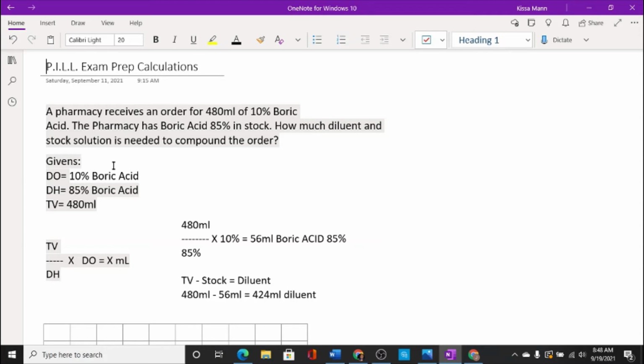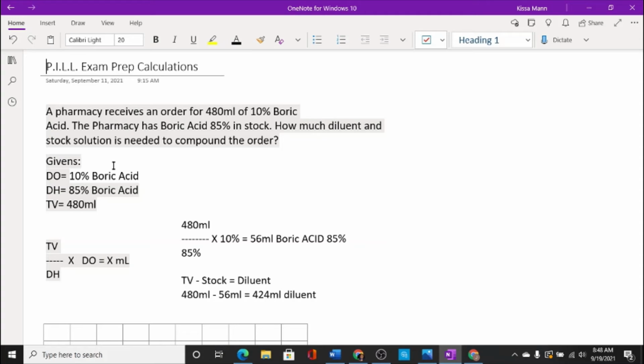If the diluent was normal saline, which typically is either normal saline, sterile water, perhaps bacteriostatic water or alcohol, if it was any other diluent that had a specific concentration, the equation would notify us. It would give us that information.